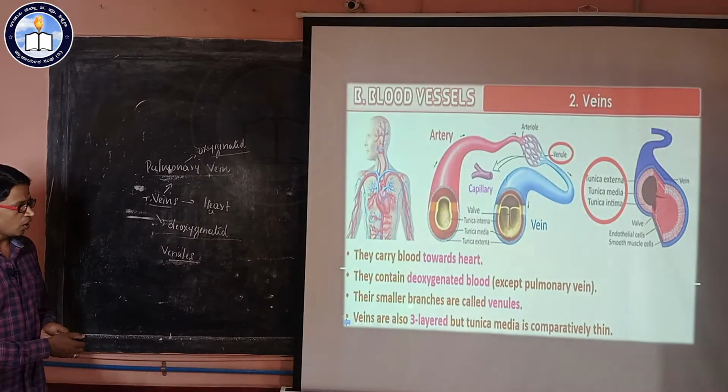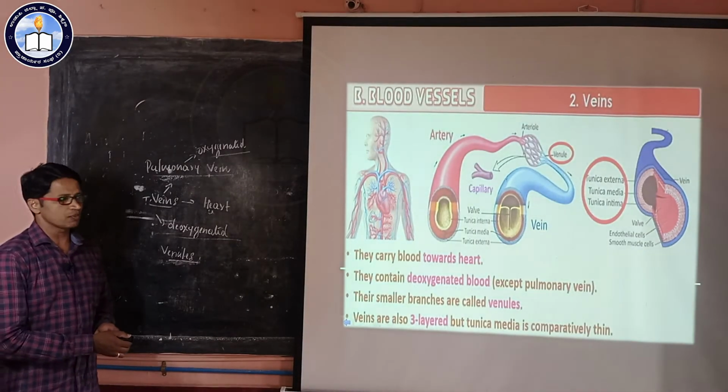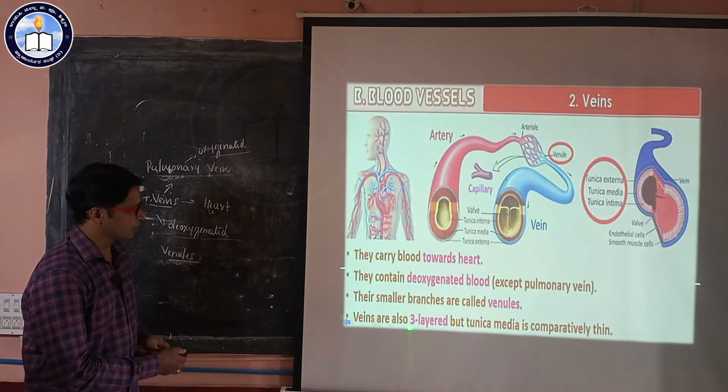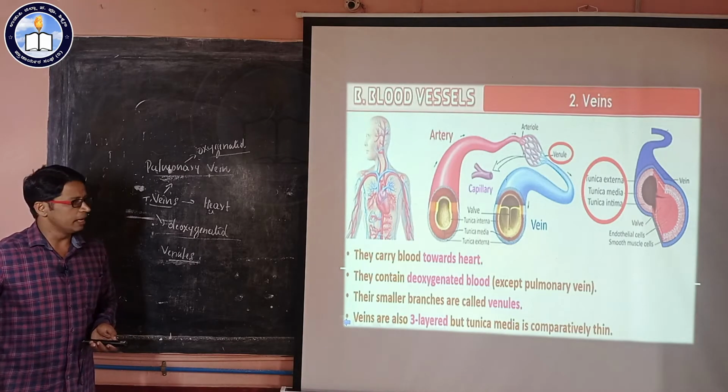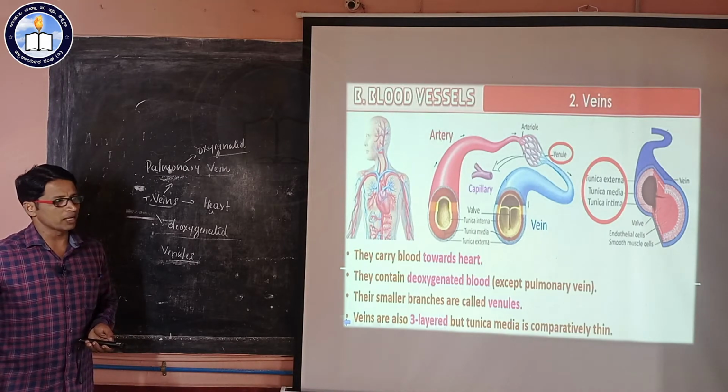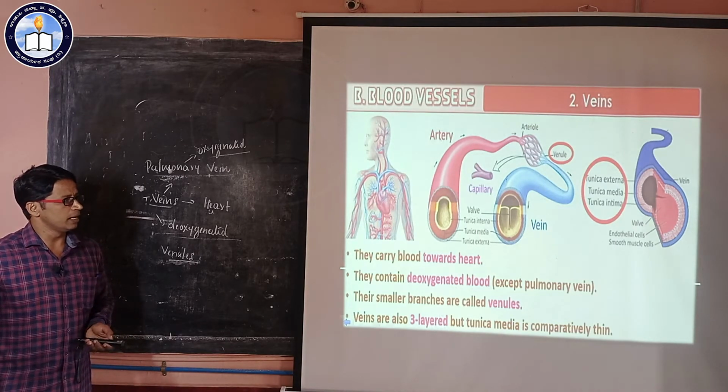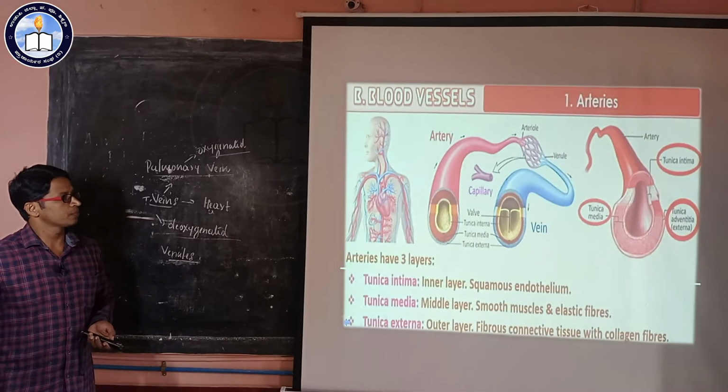Their small branches are called venules, and veins are also 3 layered. But the tunica media is comparatively thin. In the artery it is thick, here the middle layer is thin.